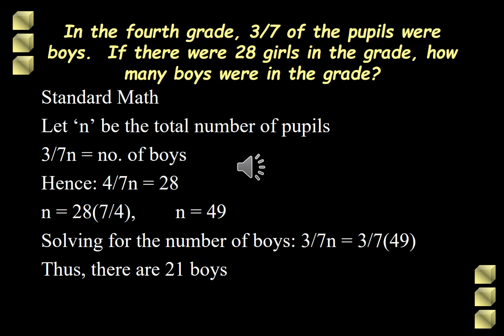So 3/7 times 49 is also equal to 3 times 49 all divided by 7. Hence, we have an answer right now, which is 21. So the total number of boys is 21.